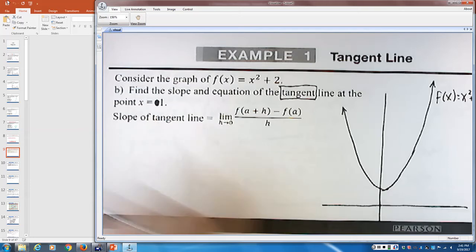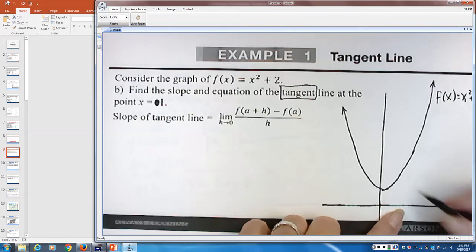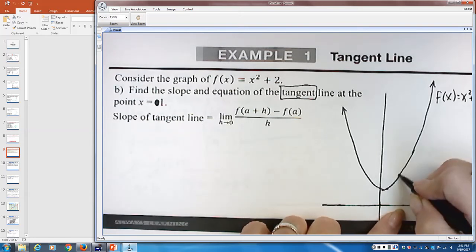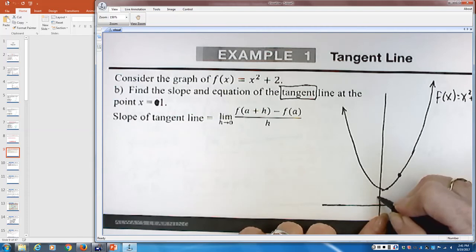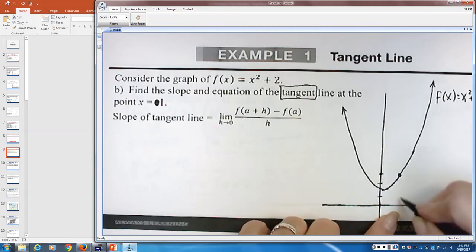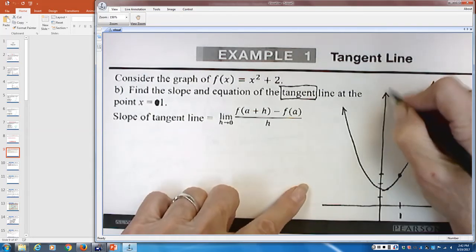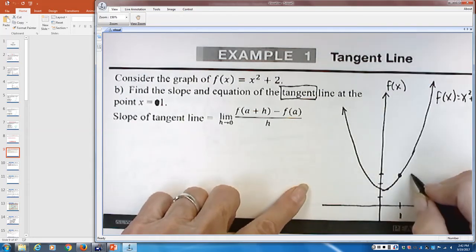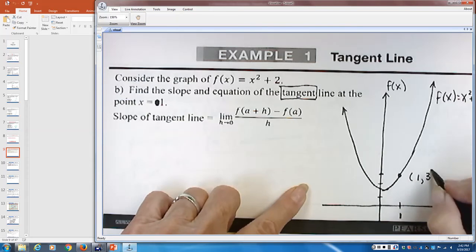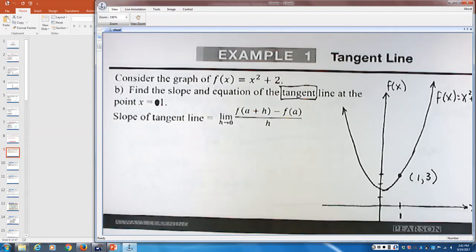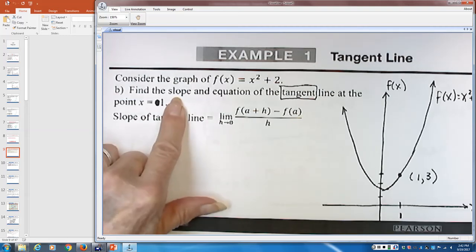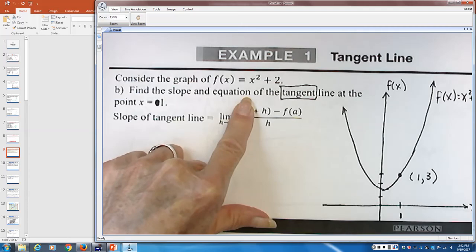So at x equals 1, we have the point (1, 3). And it says, find the slope and the equation of the tangent line.